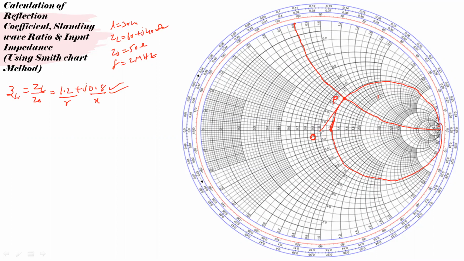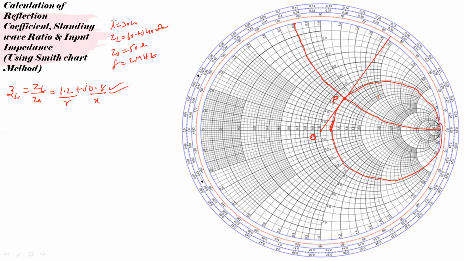You need to take the center of the Smith chart O, and the intersect point of your R and X circle is P. So I will extend this O and P towards the outer periphery of the Smith chart. This is the outer periphery.